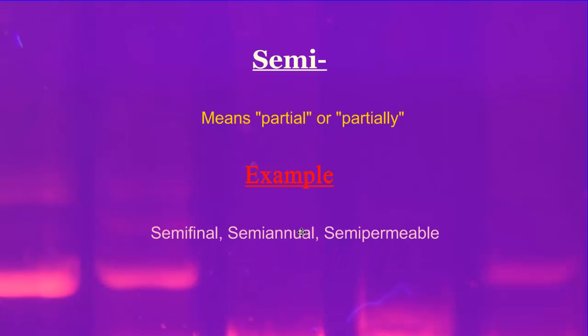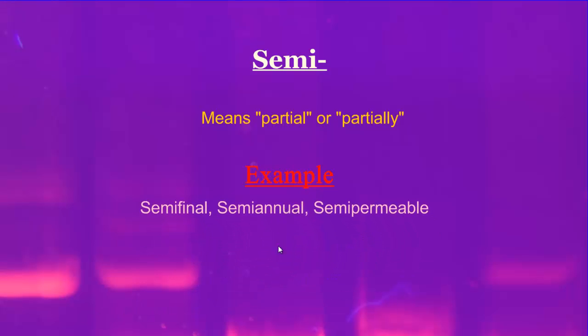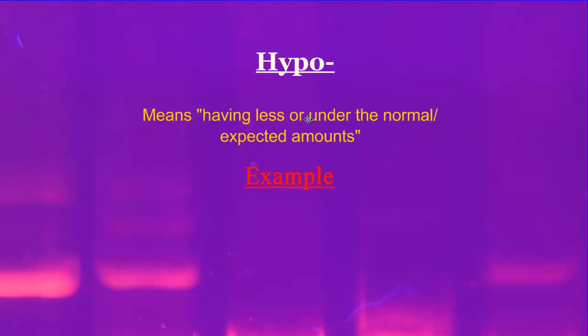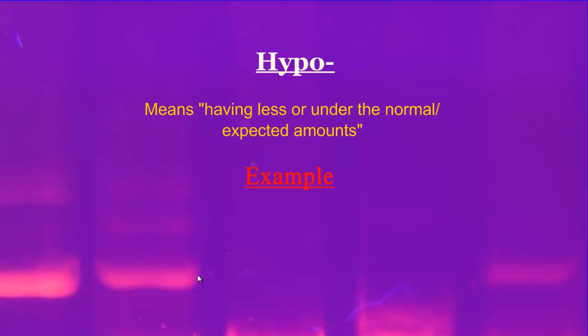The next prefix is semi. Semi means partial or partially. You would see this in words like semi-final, semi-annual, semi-permeable. The next prefix we have is hypo. Hypo means having less or under the normal or expected amounts.